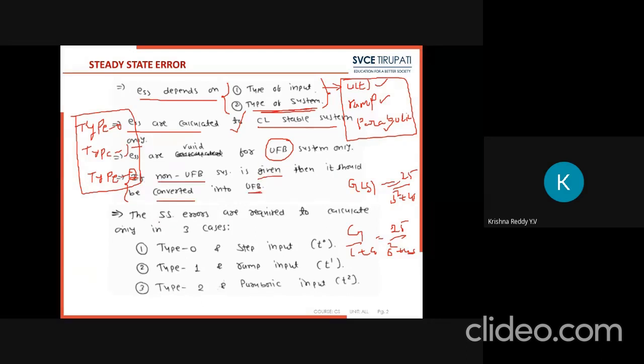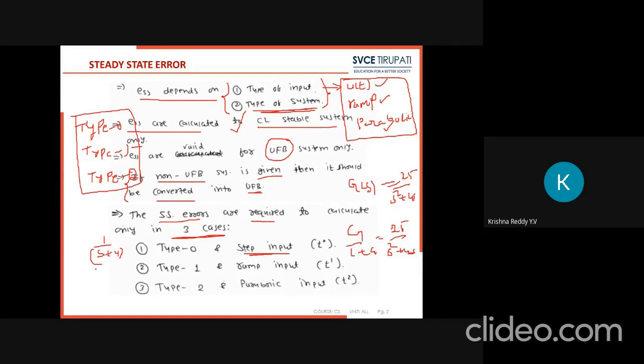We need to calculate the steady state error only in three cases. It is type 0 with step input. Type 0 means we have no poles at the origin, a system like 1 by s plus 4.